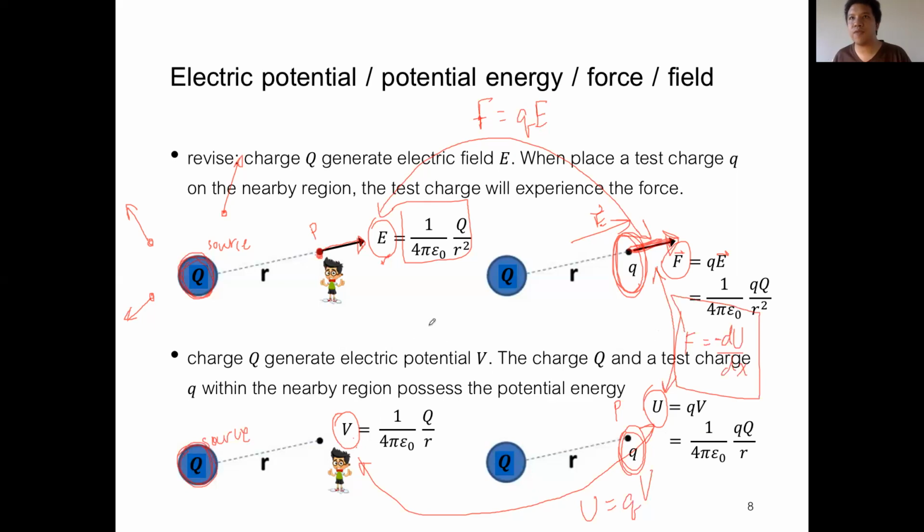And if I bring F equals qE and U equals qV together, you should come up with the relationship between E and V: the electric field can be written in terms of the derivative of the potential, as E equals minus dV by dx. And we are going to prove this relationship later.